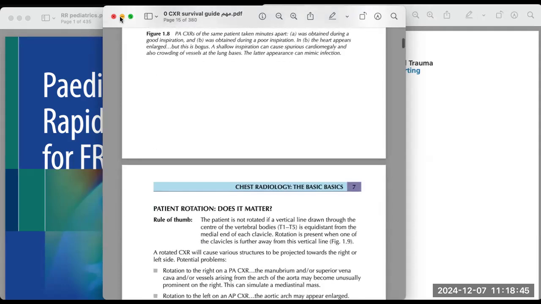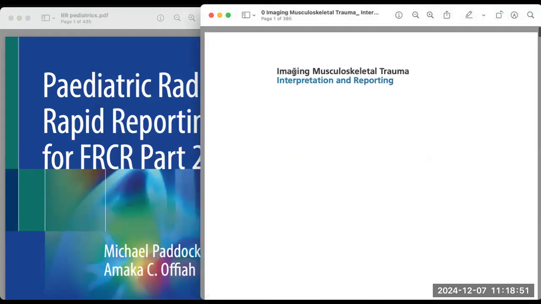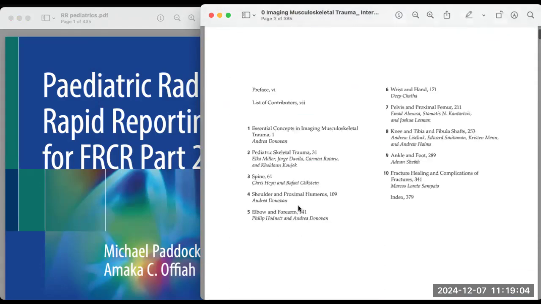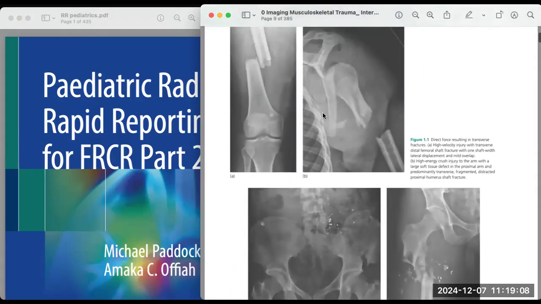Okay. Also, another book is very nice for fractures, for bony fractures: Imaging, Musculoskeletal Trauma, Interpretation, and Reporting. Again, I am looking at the images.